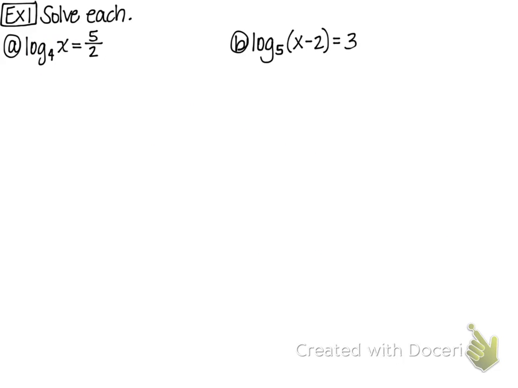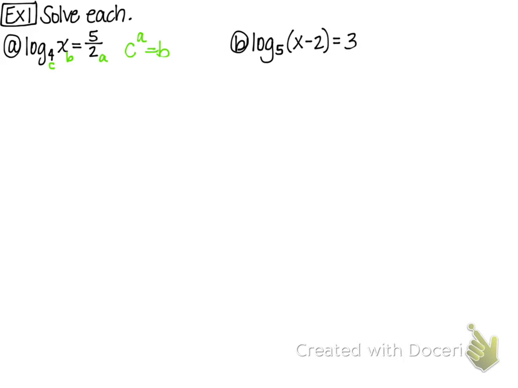Okay, so let's take a look at these examples. The first one, we have some log equal to a number. So that's our first situation there. So what we're going to use is the definition of a logarithm. So let's use our CAB and our backwards alphabet. So we have C, B, and then A. Remember, we're going to do C to the A power is equal to B. So let's rewrite that.